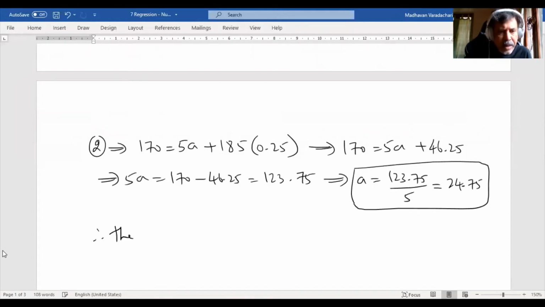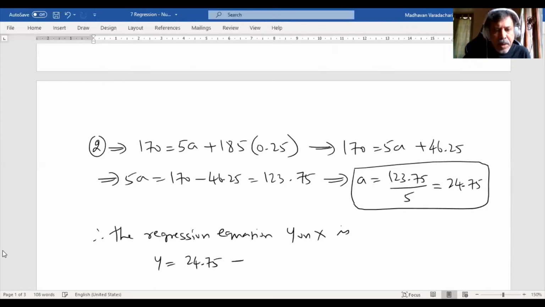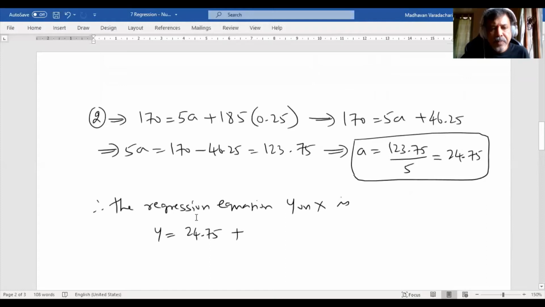Therefore the regression equation y on x is y equal to a, that is 24.75, plus b times x, what is b? 0.25. 0.25 times x. So that will be our y on x equation.